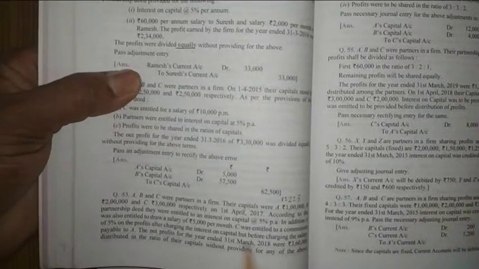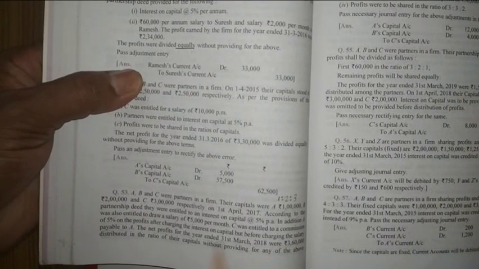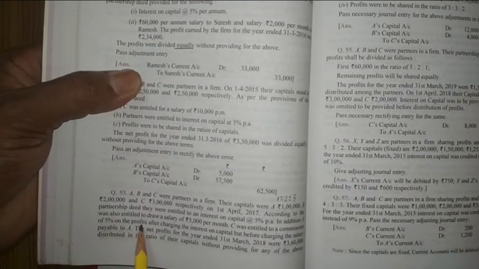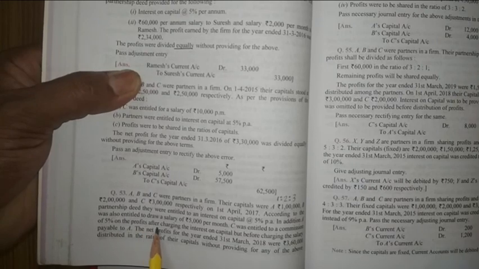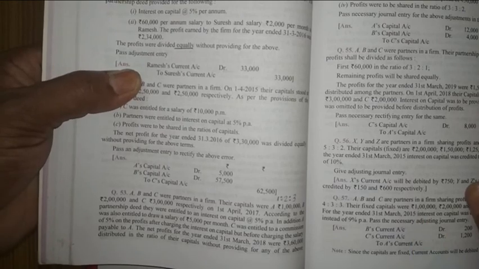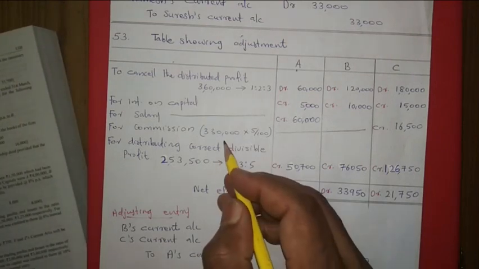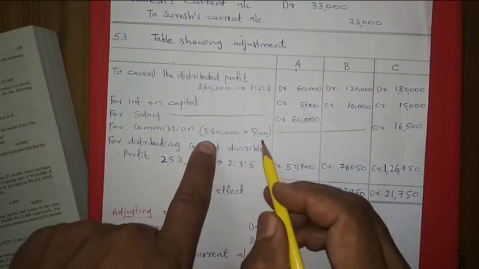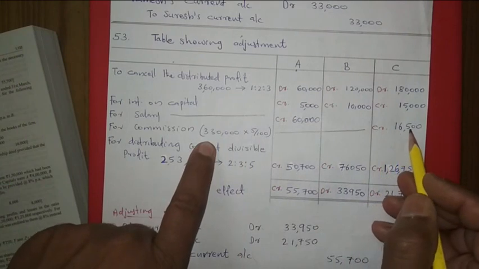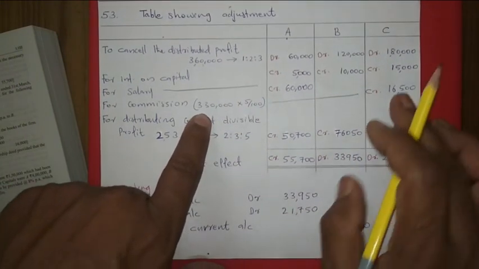The question says C was entitled to a commission of 5% of profits after charging interest on capital but before charging salary. So only interest on capital we can deduct from net profits. How much amount is getting? It is 3,30,000. Then 5 upon 100, we get 16,500. This is C's commission.